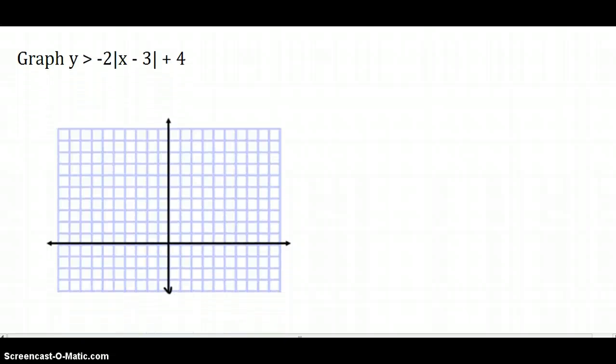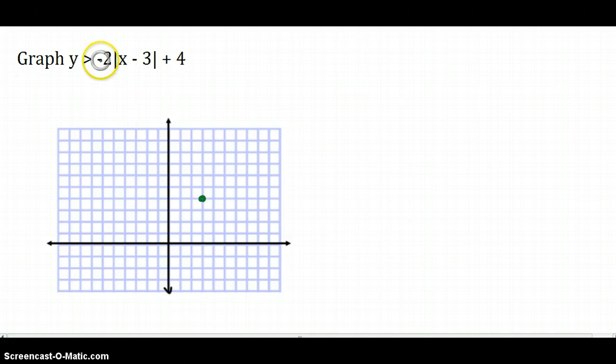Last one we're going to do is throwing in an absolute value now. You know how to graph these, except now we're dealing with an inequality, not an equality. So the end result, we're going to have shading. That's the only difference. So if I go to graph this, I know it's going to be translated to the right 3 and up 4. That's where my vertex is going to be. So to the right 3 and up 4. 1, 2, 3, 4. This is my vertex.